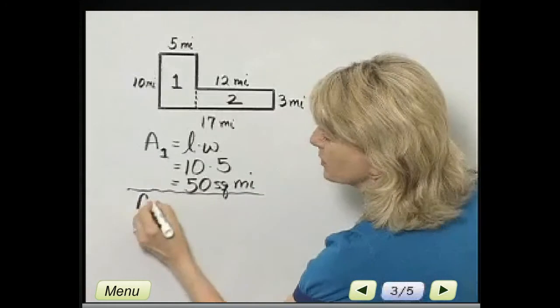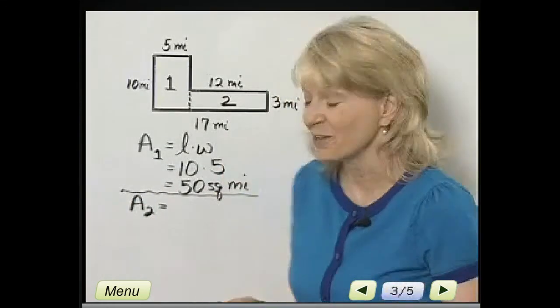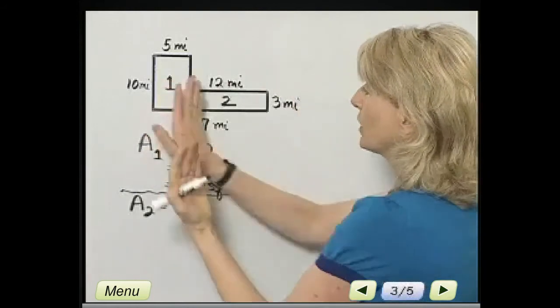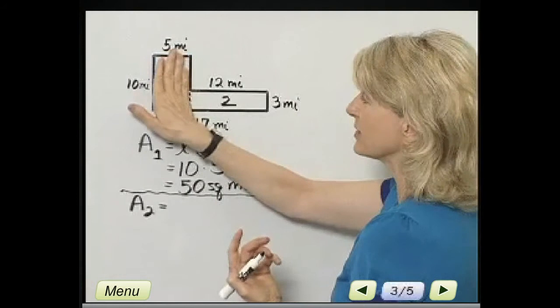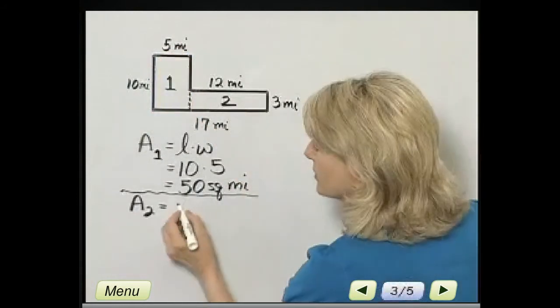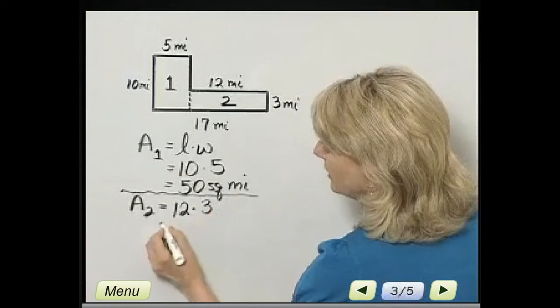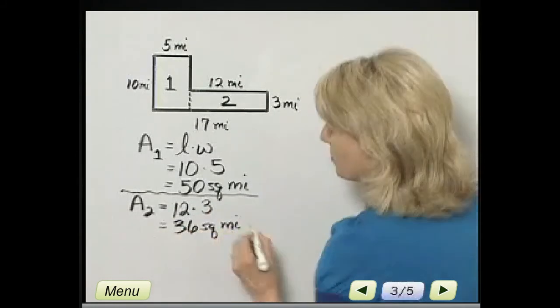And now we find the area of rectangle 2. It is a rectangle, it's length times width, so length times width again. Now be careful, what is the length of this second rectangle? It's not 17 miles, it's 12 miles. So it's 12 times the width is 3, and it is 36 square miles.